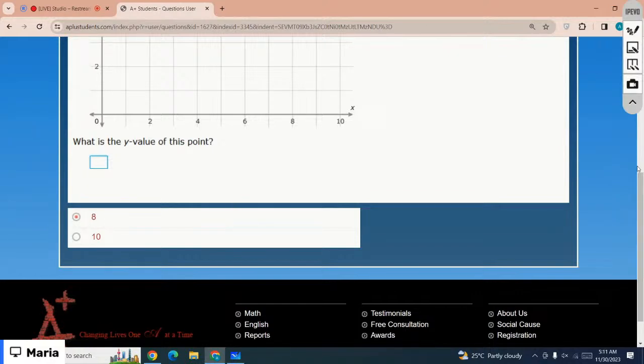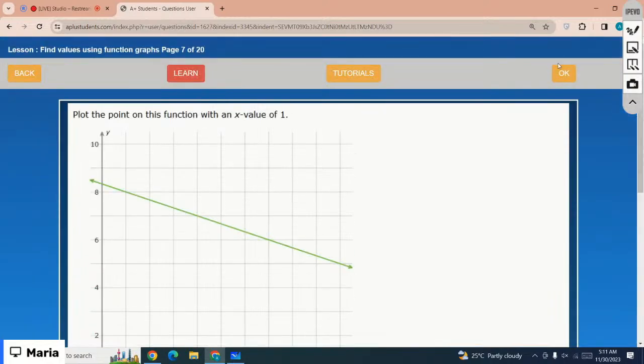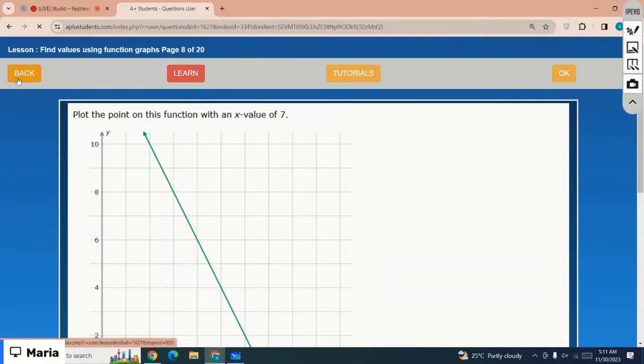The correct option is 8. Okay, you can complete the lesson by yourself later today. So let's just move on to the next lesson.